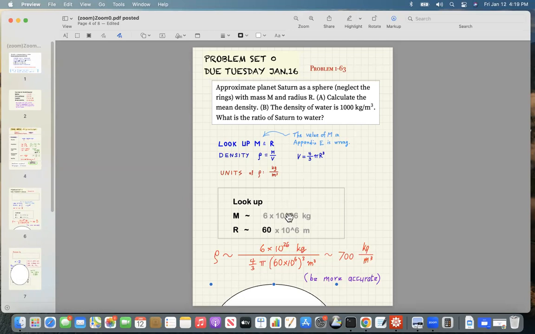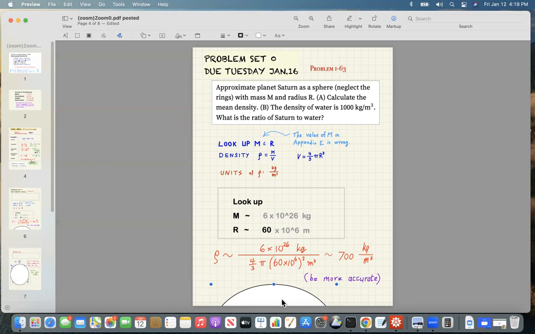And then if LON-CAPA tells you your answer is wrong, you might try giving one more significant figure. Well, if you wrote down 710, it'd probably tell you it's wrong. So you'd have to be more accurate than that. So try to be accurate enough.